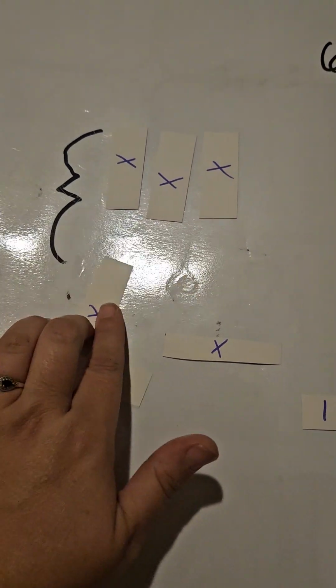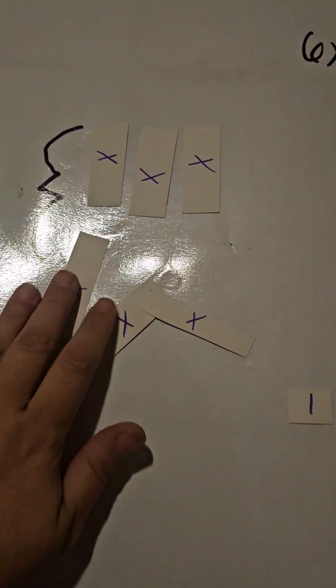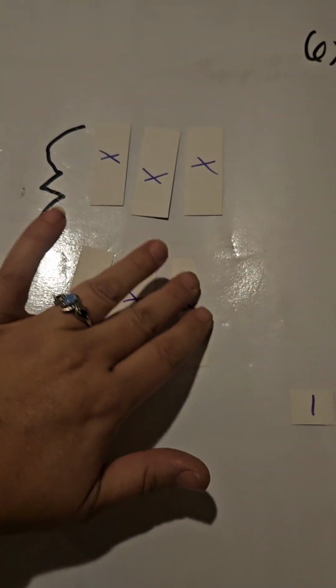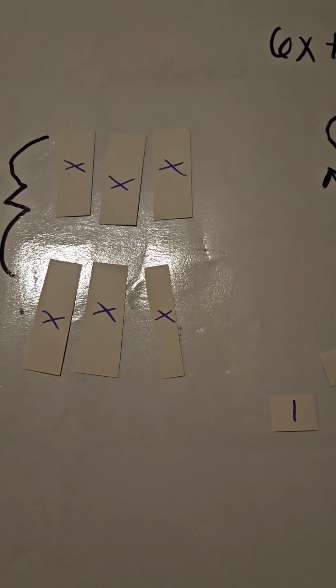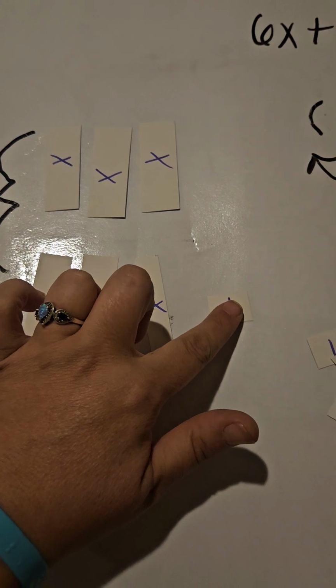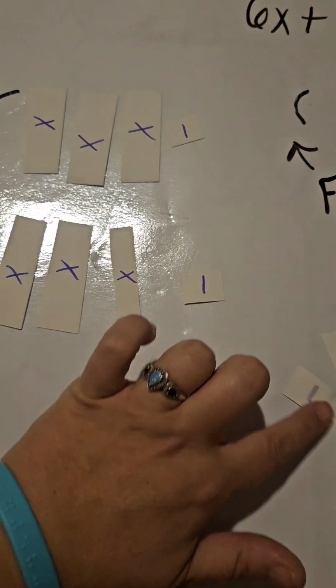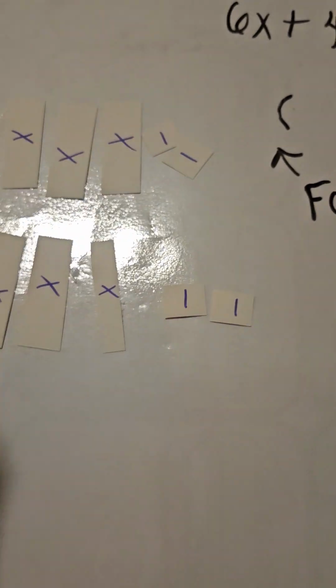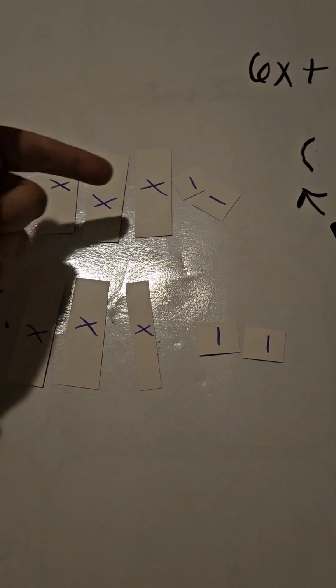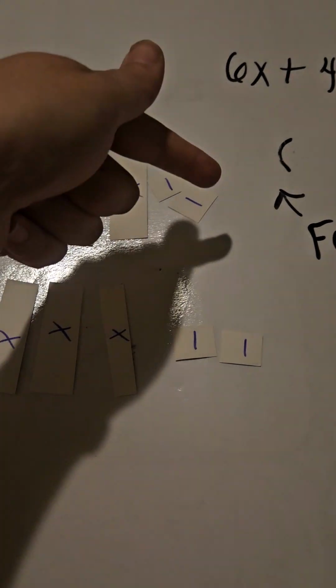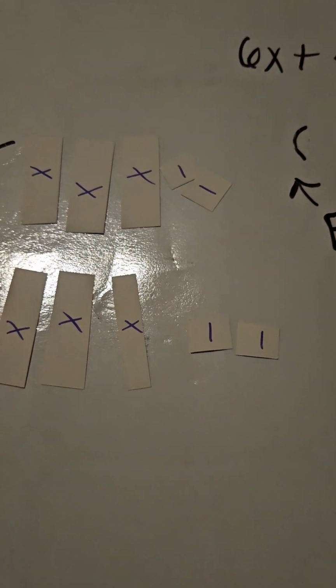So there's 1 row, and there's a second row. And let's see if I can divide up my 4 ones. I can do 1 in each, 2 in each. Now I have an equal number of x's and 1's in each row.